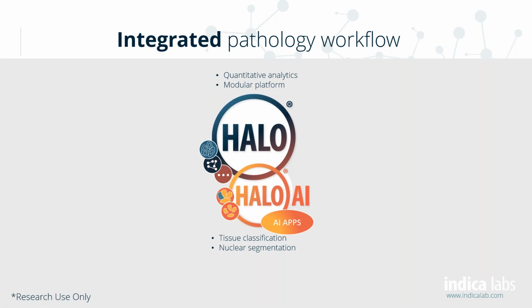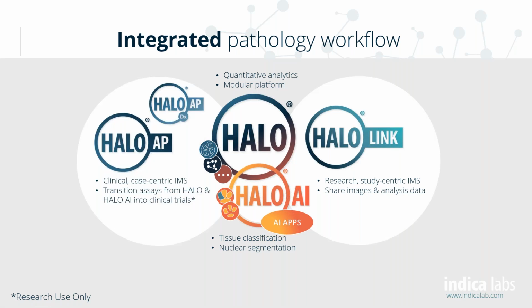And we then have two image management software. So HALO Link for research and HALO EP for clinical pathology workflows. So while HALO is installed on a workstation usually, HALO Link and HALO EP are browser-based.